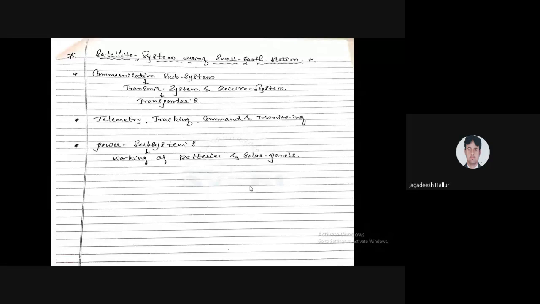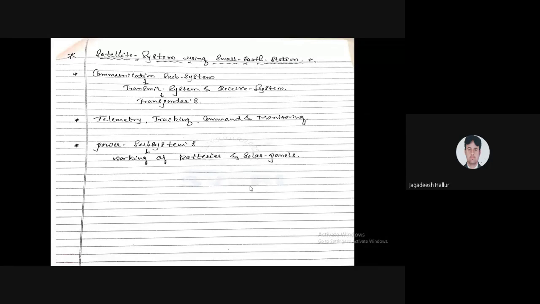To collect the signals from the Earth station, convert them, and send them back to the Earth station. Very good, Dhanur. Whatever signal is received from the Earth station, that is a baseband signal, will be modified, the frequency changed, and sent back to the Earth station. That is the function of the transponder.